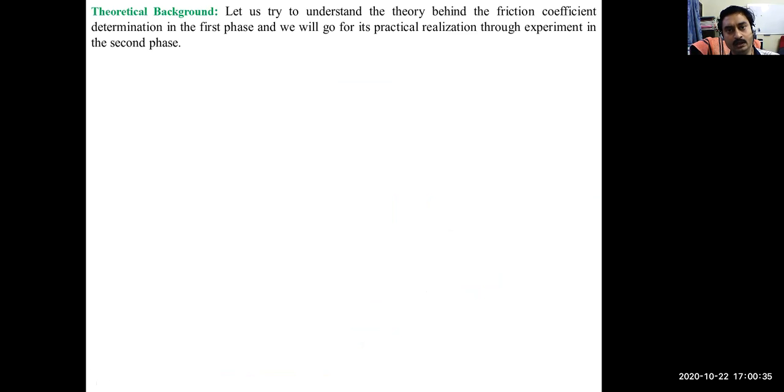The whole purpose of the experiment is to verify this theory, or the theoretical equations for the frictional losses, experimentally. Although I hope it might have been covered, here I'd like to give you a small description of how these frictional losses are calculated theoretically. So this is the theoretical background.